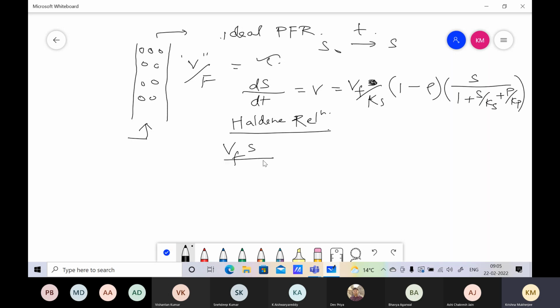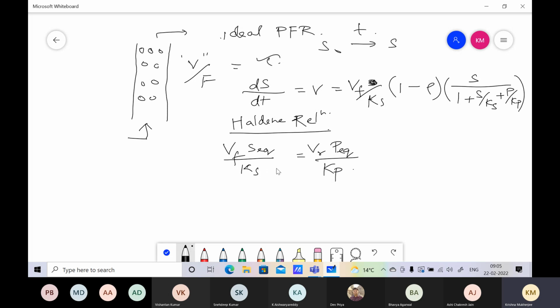Vf s upon Ks for the forward and reverse reaction. So this is S equilibrium upon Ks is equal to Vr P equilibrium upon Kp, because they're equal at equilibrium.